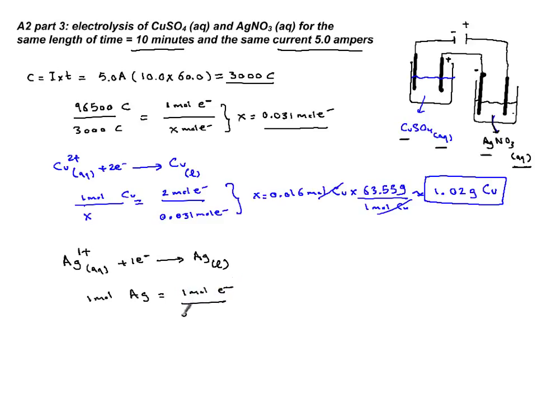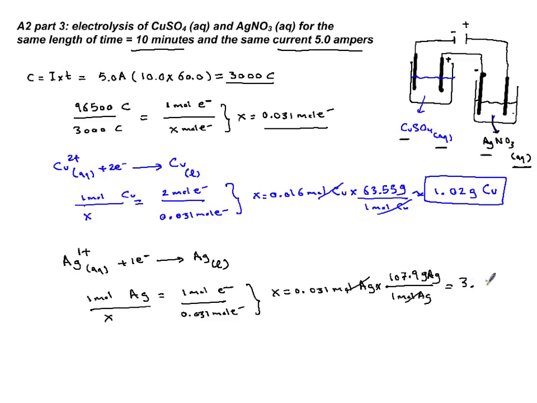If you only have 0.031 moles of electrons, you didn't need this calculation, but I'll do it. Cross multiply, you have 0.031 moles of silver being produced times its relative atomic mass, which is 107.9. You will produce 3.34 grams of silver.